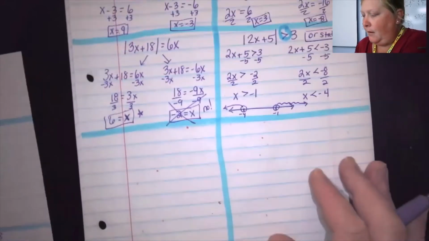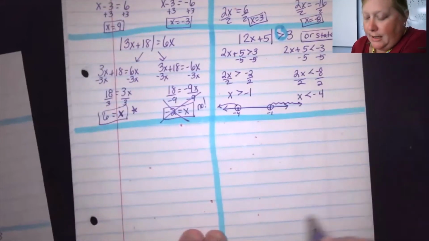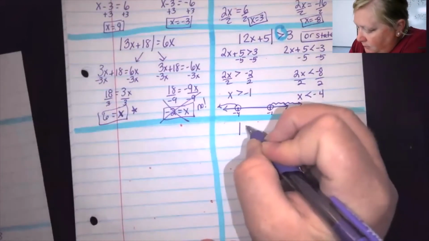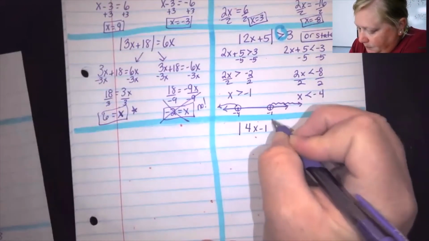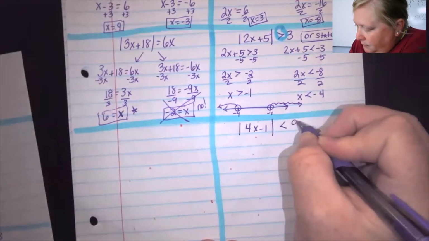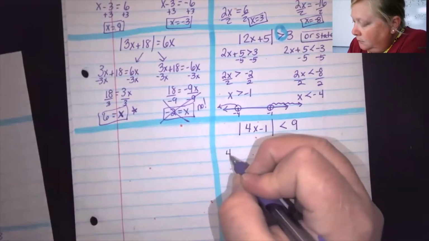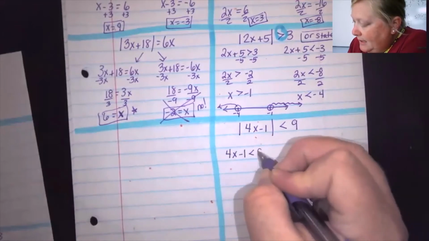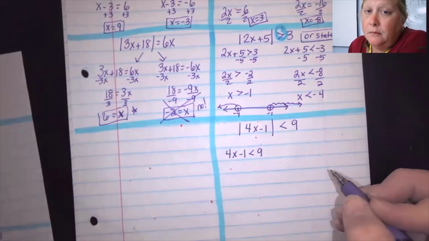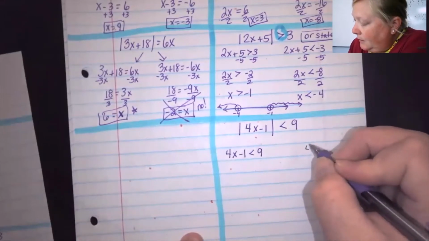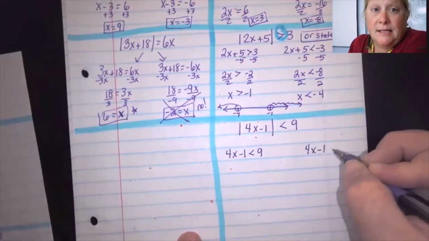Okay. So of course, I know you want to try the other one. So here we go. Set up two scenarios. 4x minus 1 is less than 9. What you see is what you get. Then let's switch.